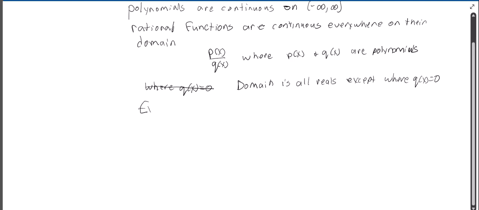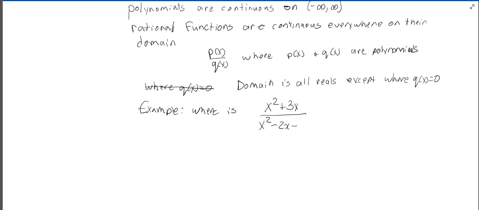So for example, where is x squared plus 3x over x squared minus 2x minus 24 continuous?